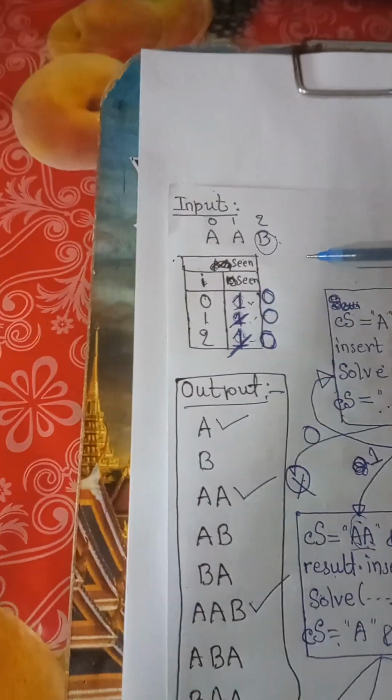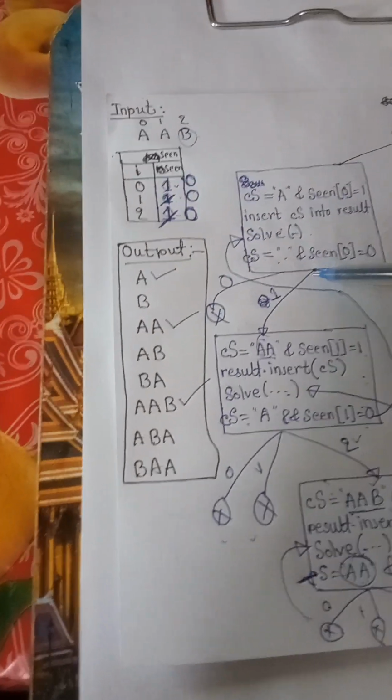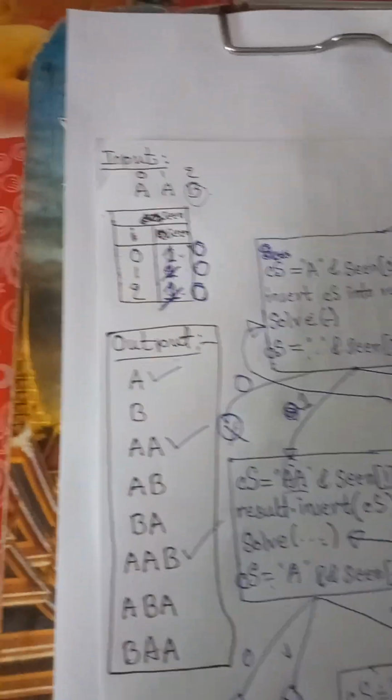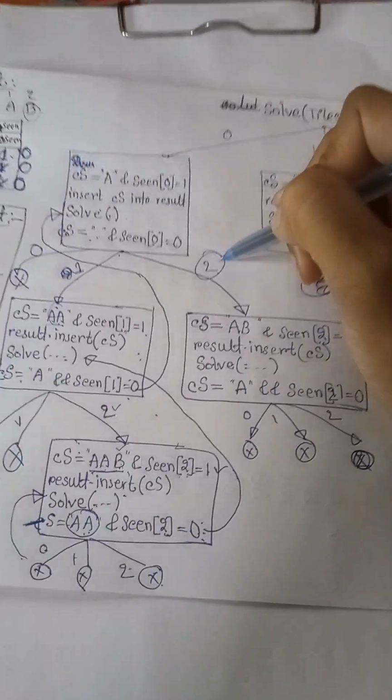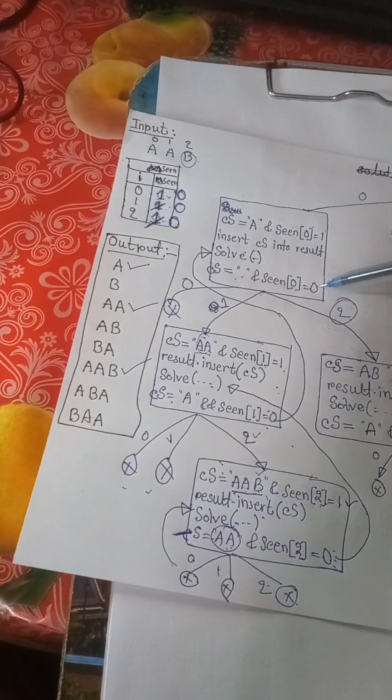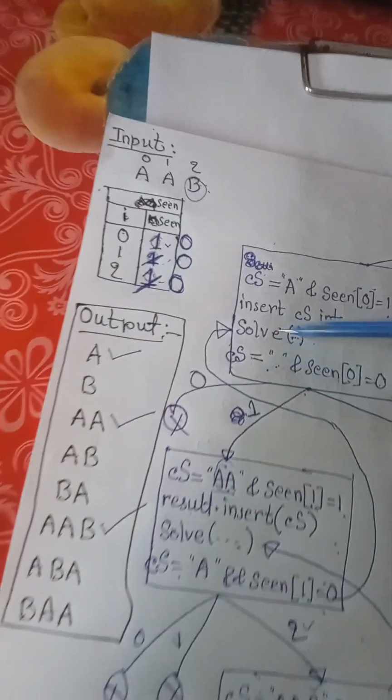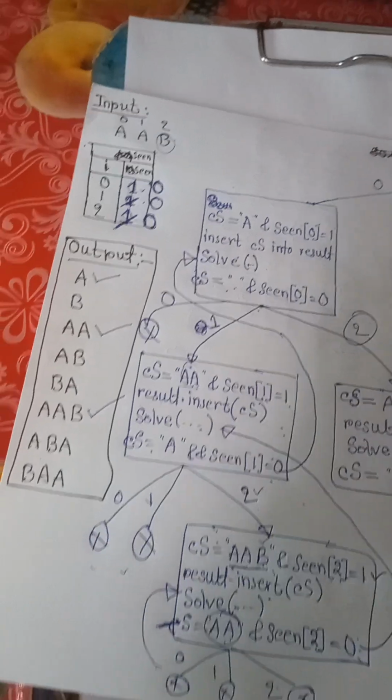You can see that seen[0] is 0, and the only iteration left is for 2. So I will call for 2 here, with 0, and I will call for 2.